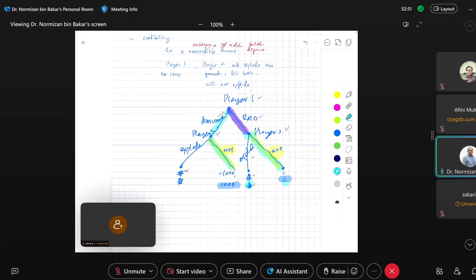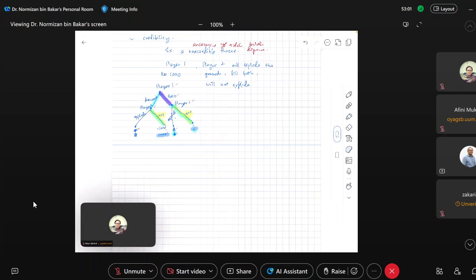So now let's move our discussions to the following point. One of the methods to find the solution in the game tree, we call it the backward induction.